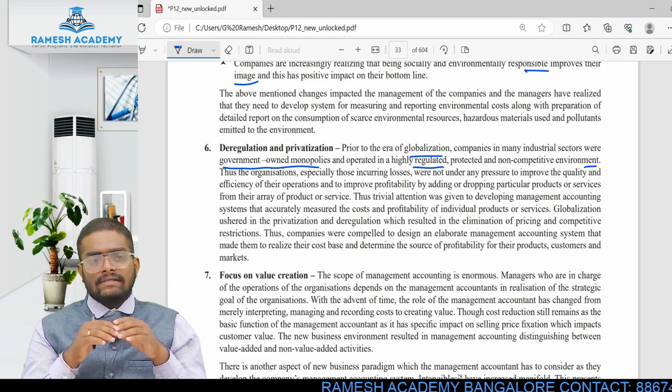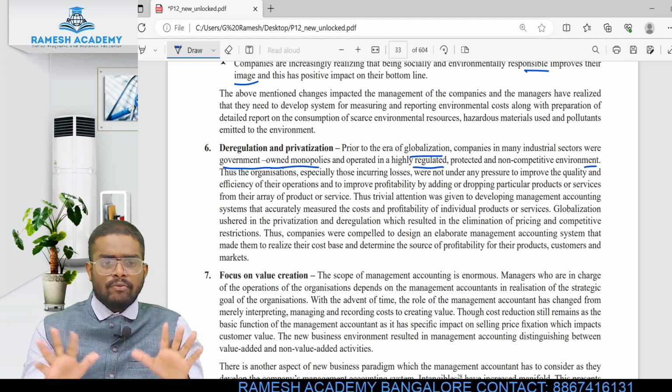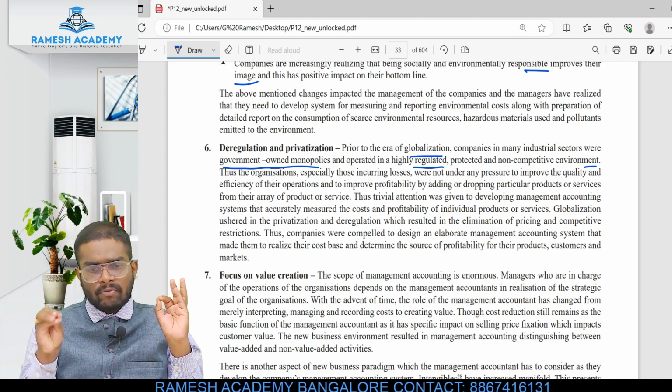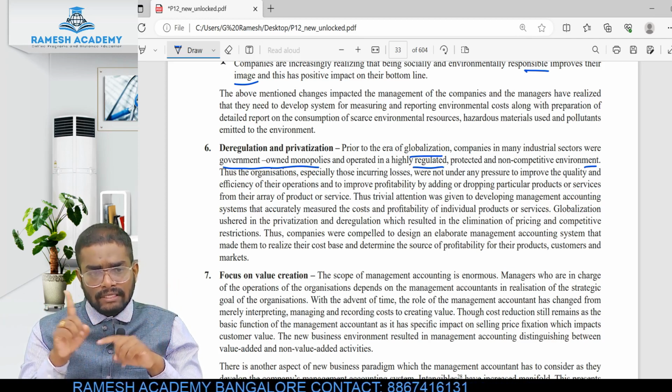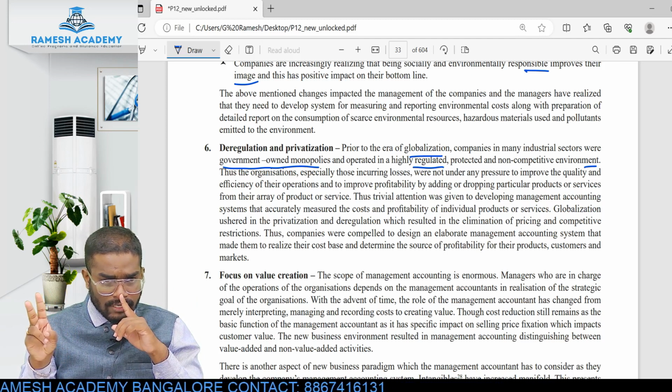So there are certain industries like BSNL where they won't be working, but they'll be getting salary. Even though the company is making losses, the government is trying to fund BSNL, because in the private sector we have only 3 players: Jio, Airtel, Vodafone Idea.